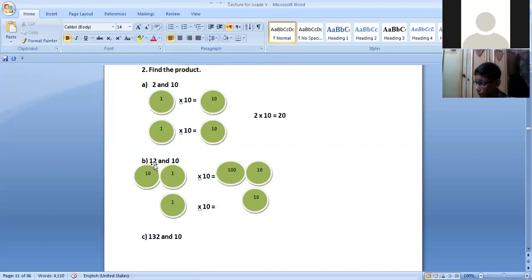12, we have a 2-digit number. 2 is on the unit place, and 1 is on the 10 place. You will draw 2 disks of 1, 1 की आप 2 disk draw करेंगे and 10 disk we are using here, unit place, place value system. Place value system हमने पढ़ा था first class में.